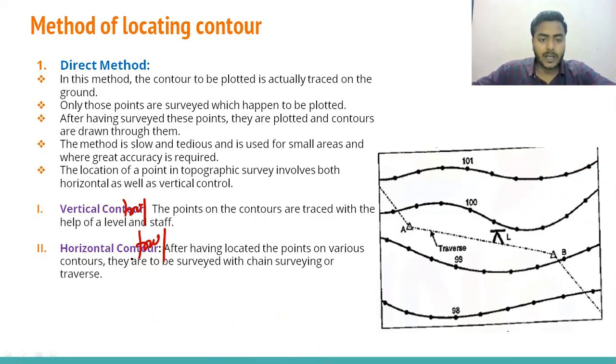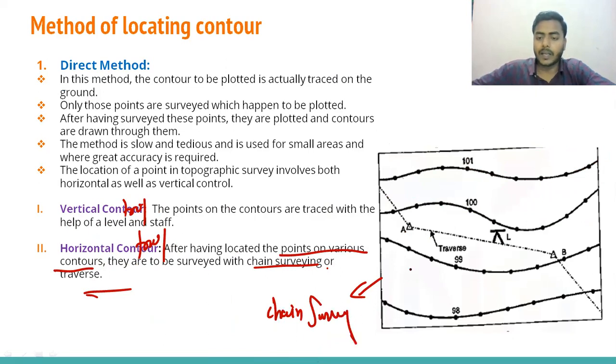Once the vertical control procedure is done, we can go for the horizontal control. After having located the points on the various contours, they have to be surveyed with chain surveying or traverse. If the area is small, we can use chain survey. If the area is larger, we can use traversing.